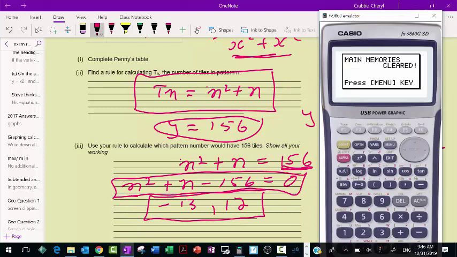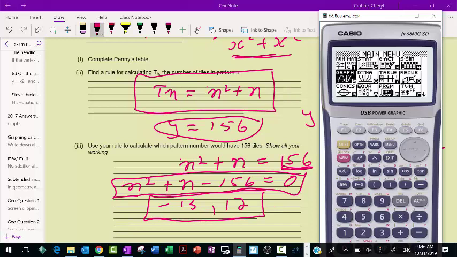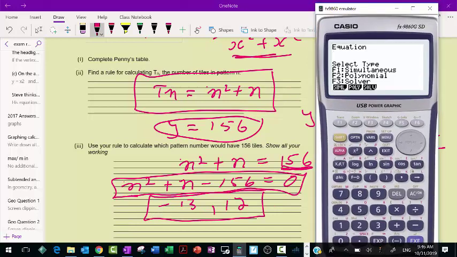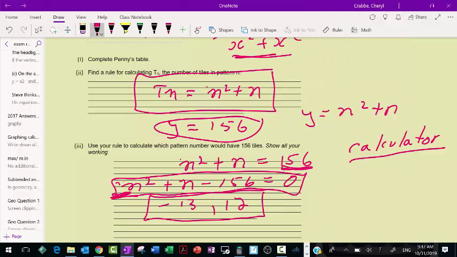So what do we do? We go into the menu, we go into equation, we go to polynomial, which is F2, because this is a polynomial of degree 2, and the numbers, this is your A, the number in front of here, this is your B, the number in front of n, and this is your C.